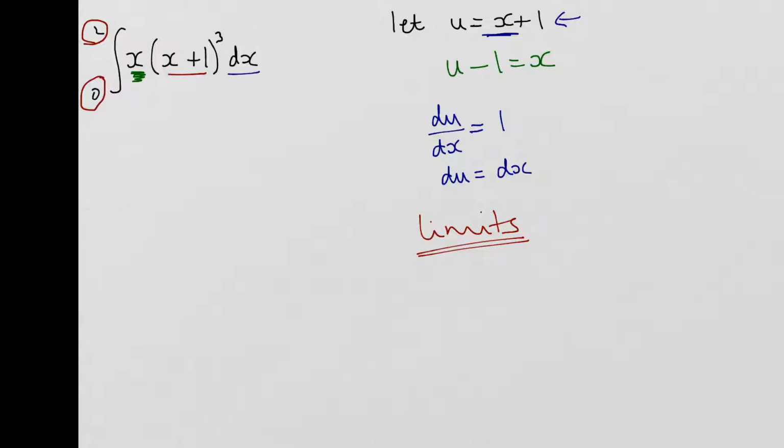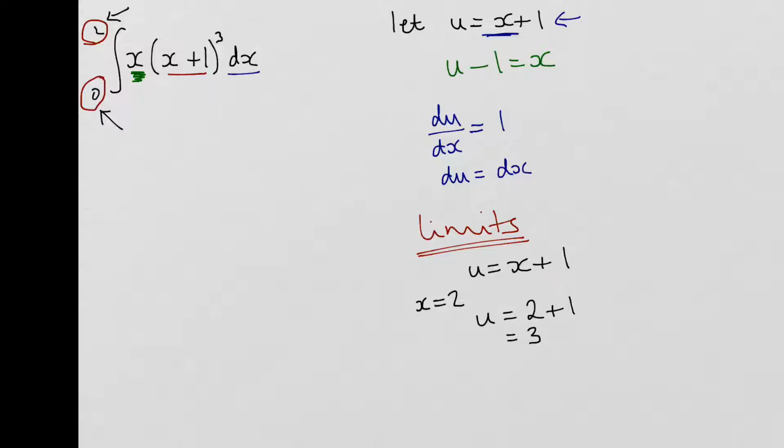Make sure that if we are working with respect to u, those limits on the integral are also in terms of u. So u is equal to x plus 1, and at the moment I have the limit when x is equal to 2, so my limit for u is going to be 2 plus 1, which is 3. So that's that upper limit sorted.